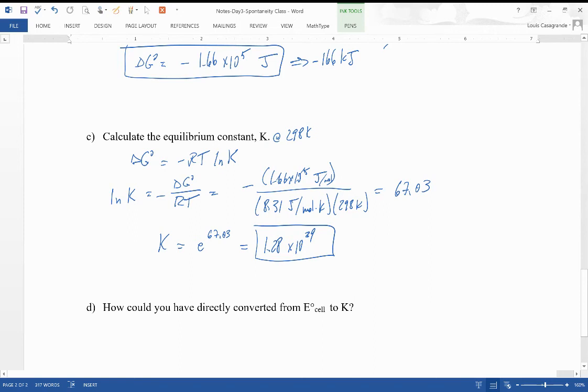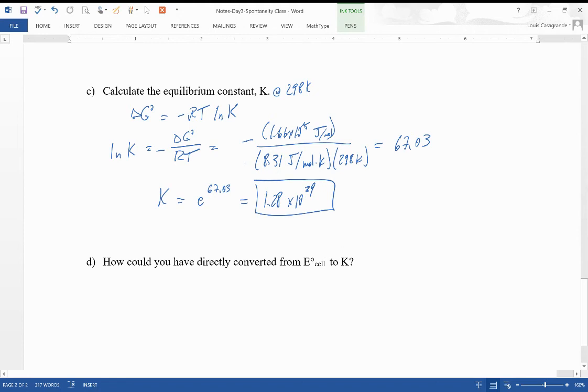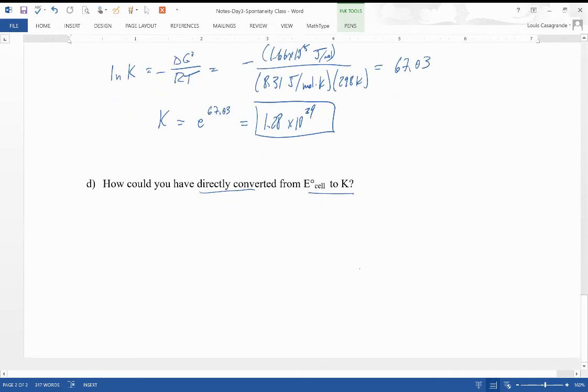Now, the last thing we're going to do, and then we'll be done, is we could directly convert from E naught of the cell to K by using that last leg of the triangle, that last equation that I gave you, that the E naught for the cell is equal to, and let's just go ahead and use 0.0257 volts over n times the natural log of K, and plug everything in.